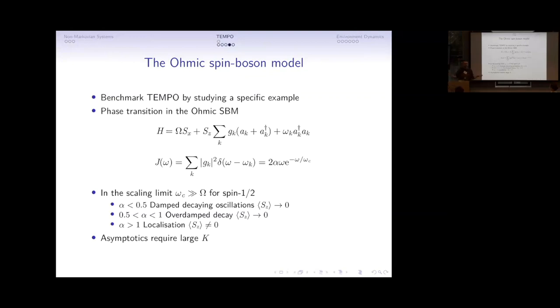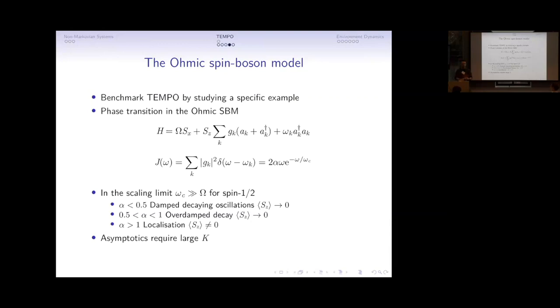You need to be able to capture the history of this kind of system for a long time. That's helped a lot by the TEMPO algorithm, because if I was doing this exactly, I would have exponential scaling, and TEMPO allows this to contract down to being polynomial.